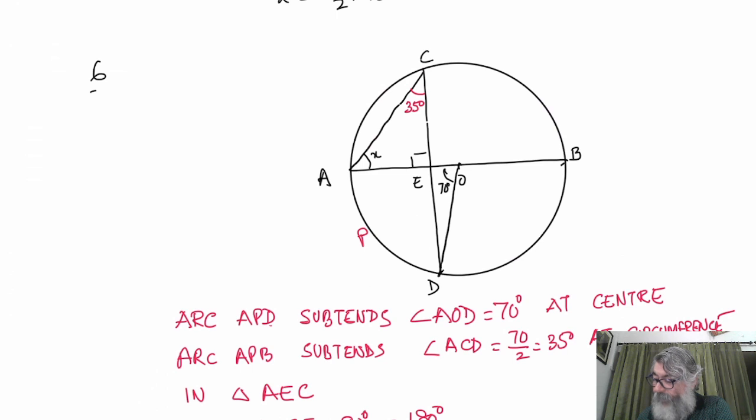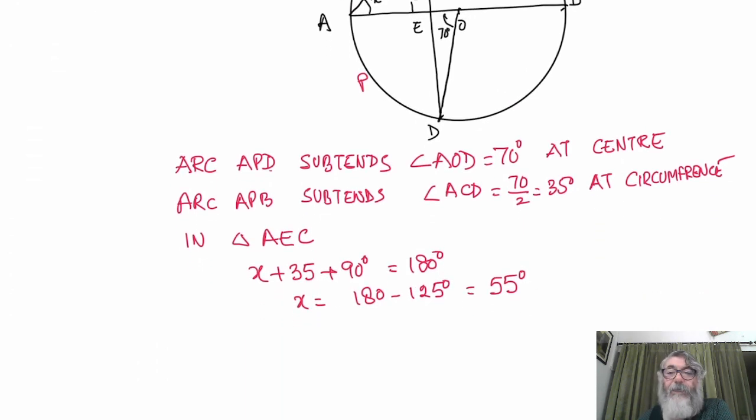So x will be 180 minus 125, so it will be 55 degree. The sum of the angles of a triangle is 180 degree.